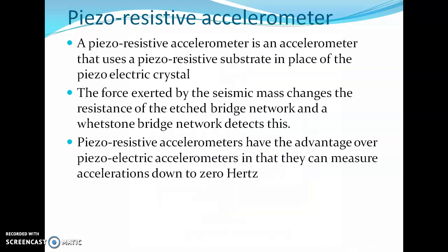Then another type is the piezoresistive accelerometer. A piezoresistive accelerometer is an accelerometer that uses a piezoresistive substrate in place of the piezoelectric crystal. Substrate means a substance which is placed. Then the force exerted by the seismic mass changes the resistance of each bridge network, and a Wheatstone bridge network detects this.